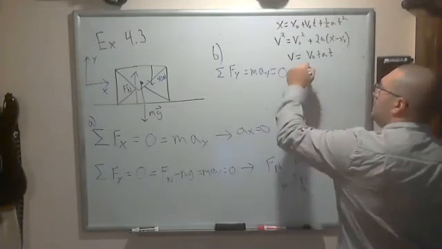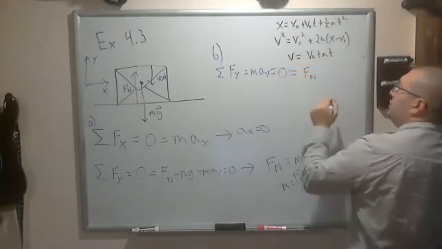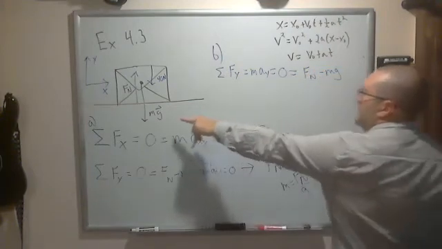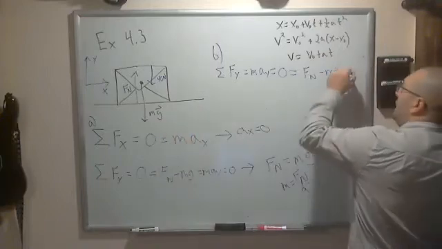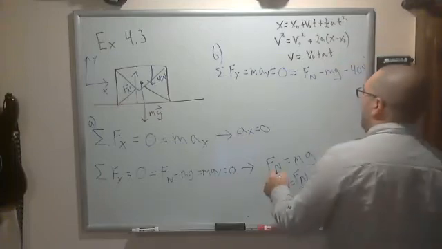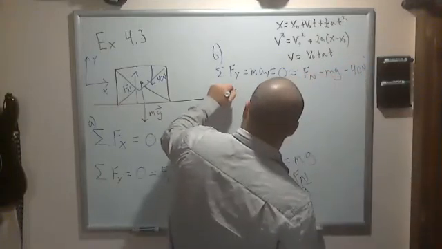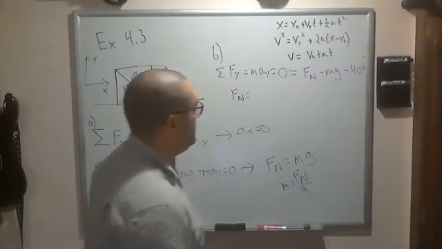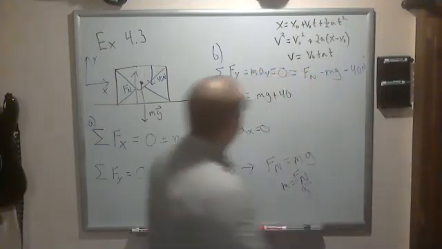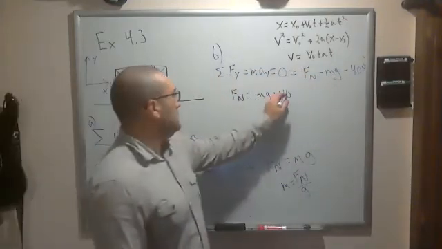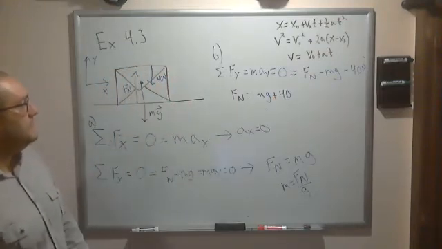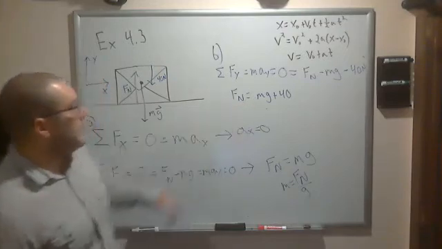So it would be the normal force pushing up, minus mg, the force due to gravity, and minus another 40 newtons that I pushed down with. So now we'll have the normal force, and we can actually calculate this normal force.